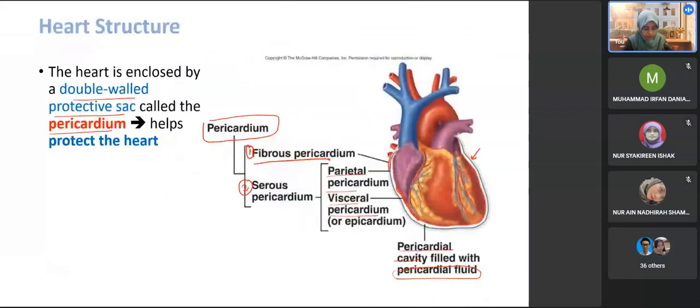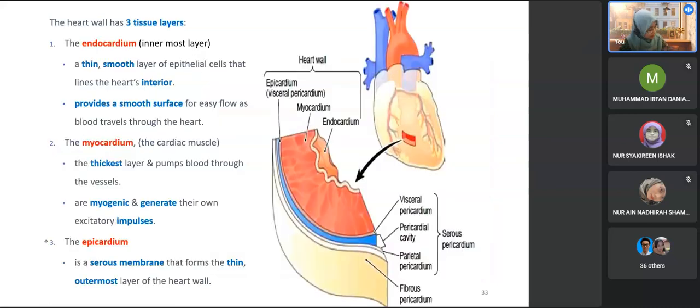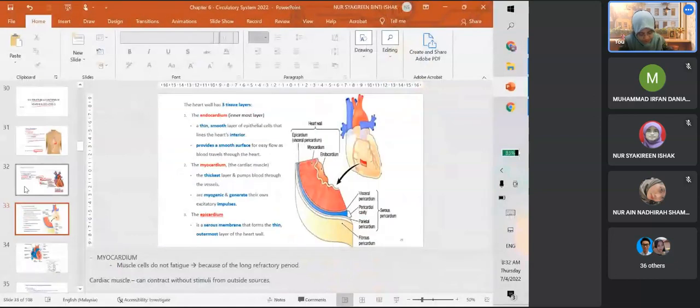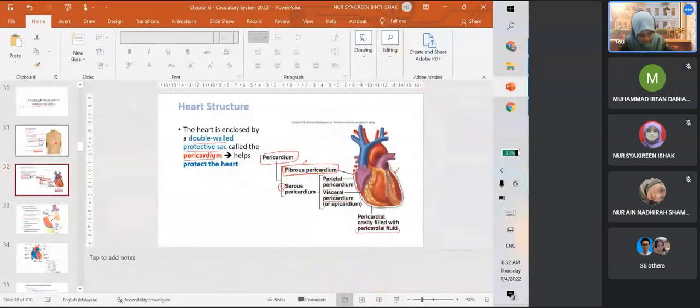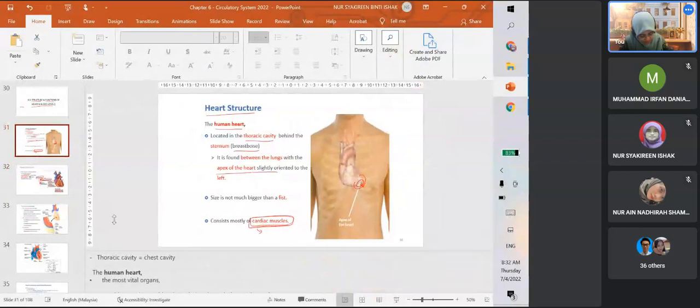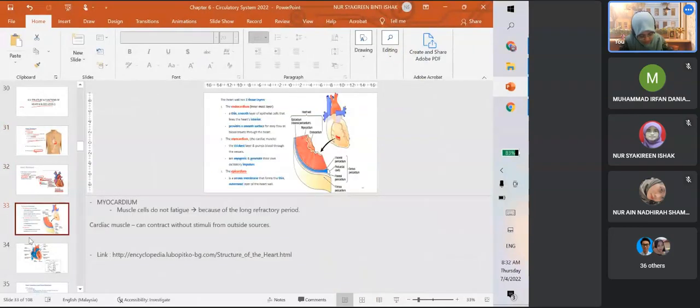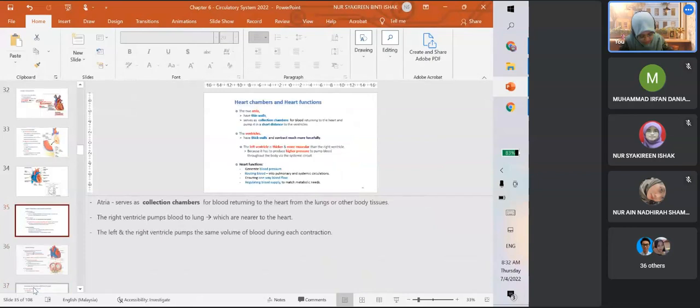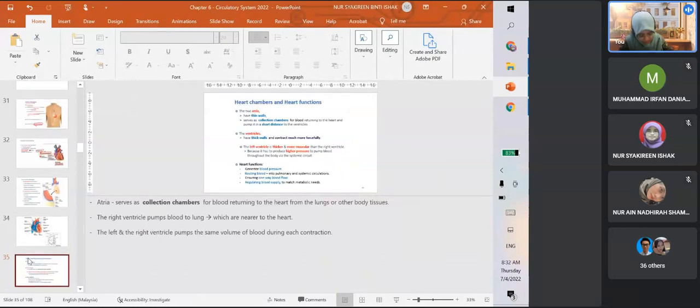If you refer to your reading materials, if I'm not mistaken, the function of the fibrous pericardium is to attach the heart to the surrounding organs. There should be notes here, but they are not here. It seems they have been removed.